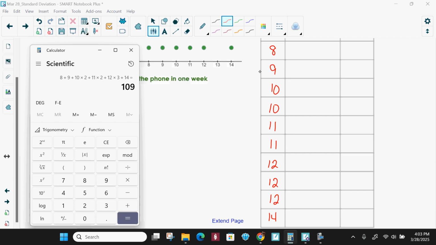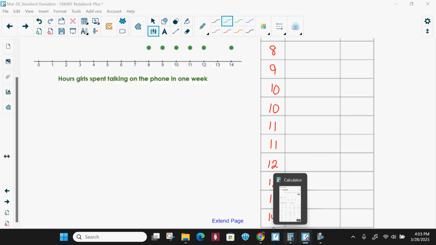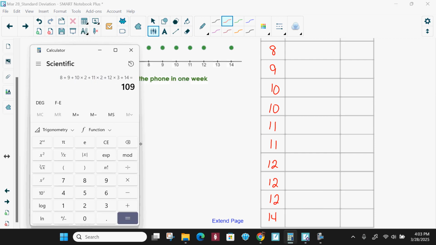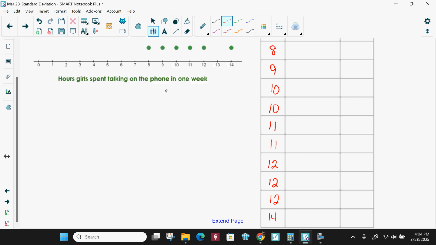So that's our total, our sum. And then if we divide that by 10, that gives us 10.9. So the mean is 10.9.